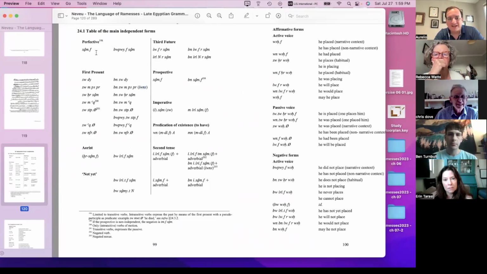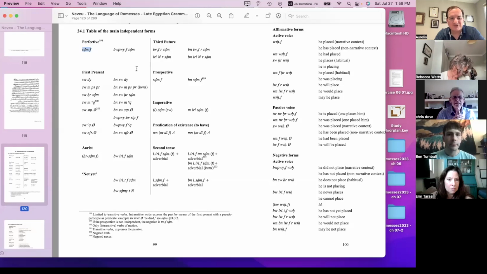One thing that may help: every time I say it's a sejmf or sejmnf, mentally think construction. So it's a sejmf construction, a bupui f construction, and so on. These are just different constructions that have shorthand labels.